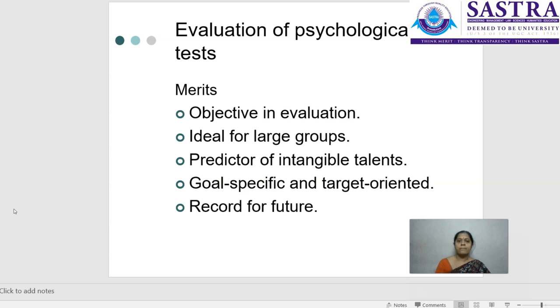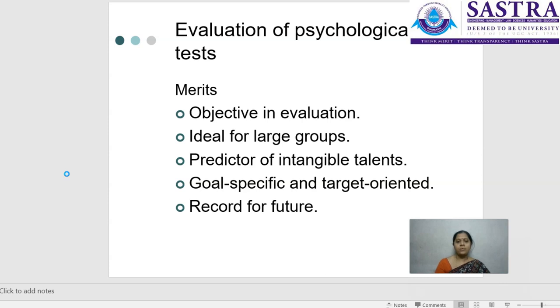When we compare other selection techniques like interviews, the psychological tests are free from personal bias and prejudice. So this is the objective in evaluation.